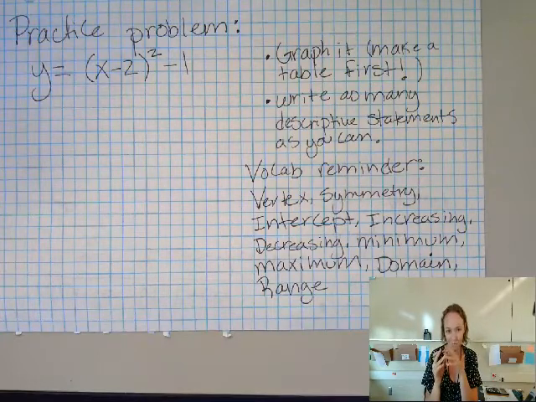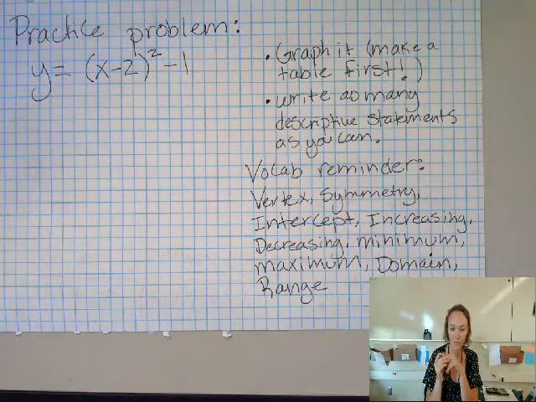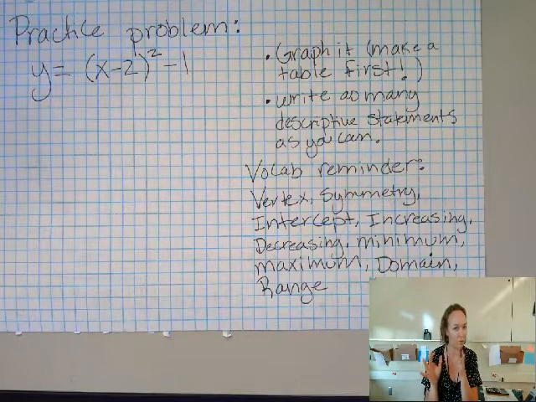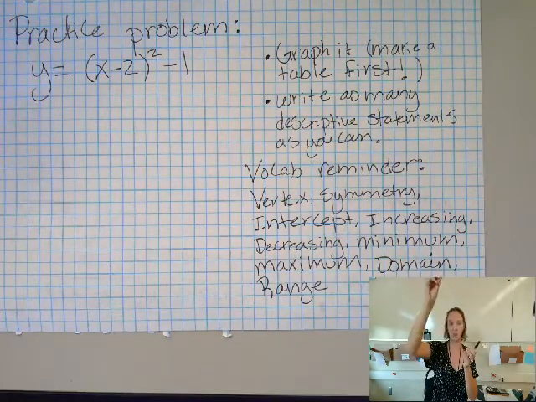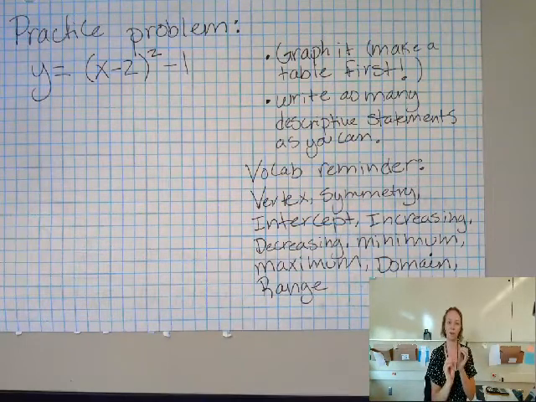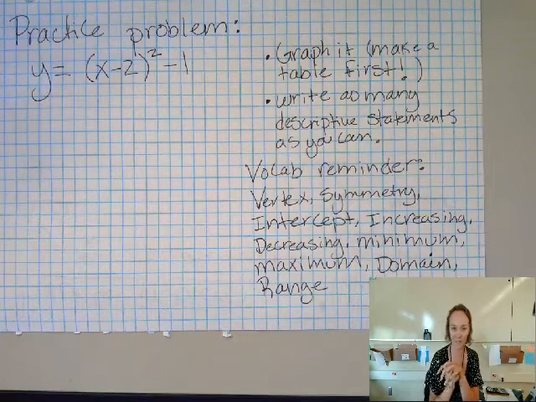And then you know about domain and range from the earlier video. And then vertex, that word hopefully came up at least once in 7th grade, but the vertex is like the peak of a mountain or the base point of a valley, right? So it applies to the absolute value graphs as well as to parabolas.